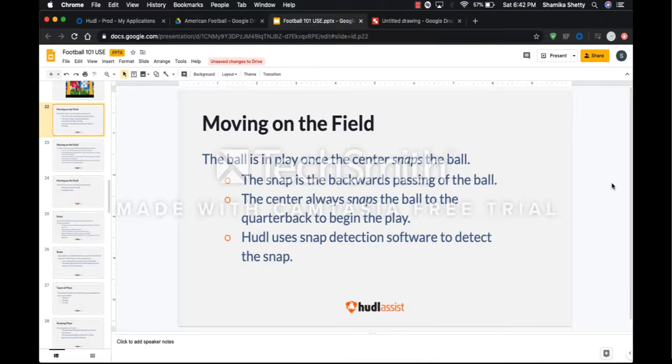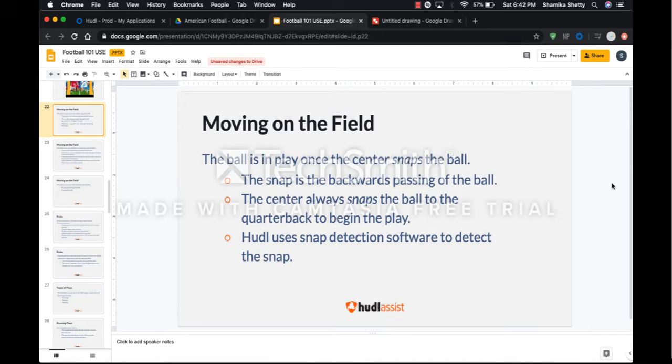When the teams are in position, offensive and defensive teams, the ball is placed in front of the center. The center will snap the ball to the quarterback standing right behind him. Snap is a term wherein the center will stand bending, the ball will be in front of him and his hand will be placed on the ball.